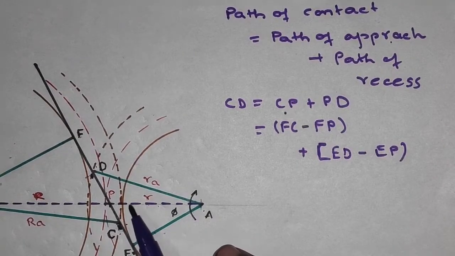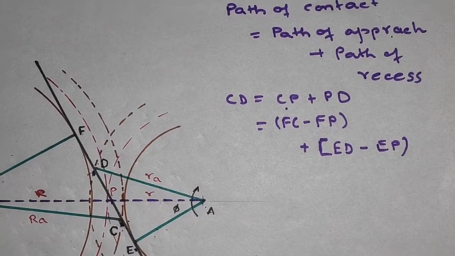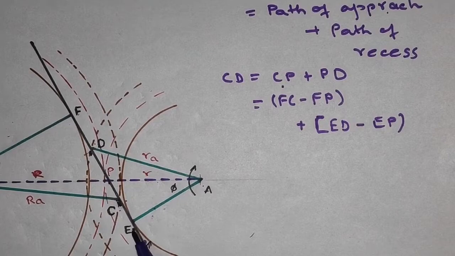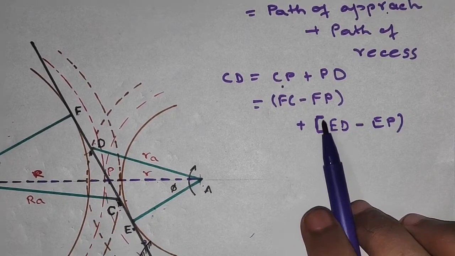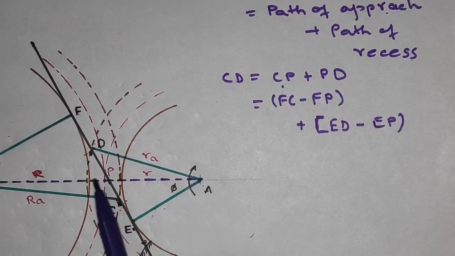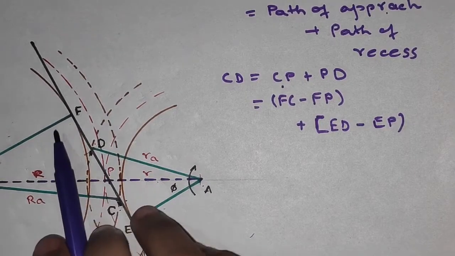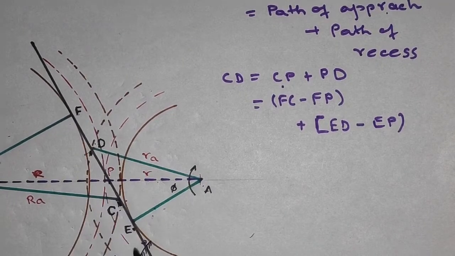You can just refer to this diagram over here. We have the points, and based on these points, this equation is written. That is CP is FC minus FP and PD or DP is ED minus EP.